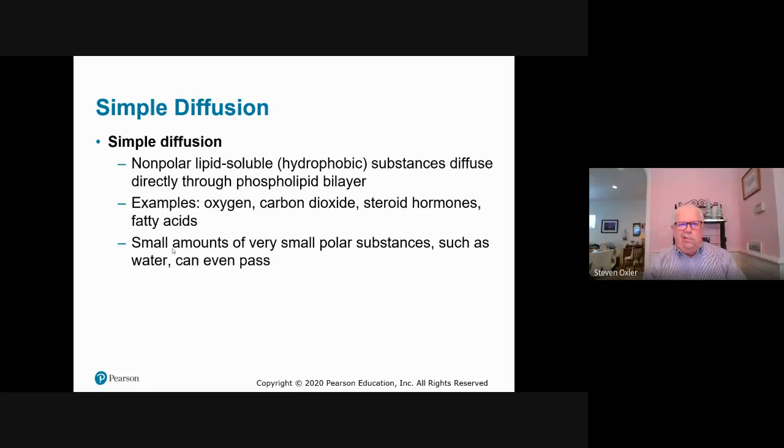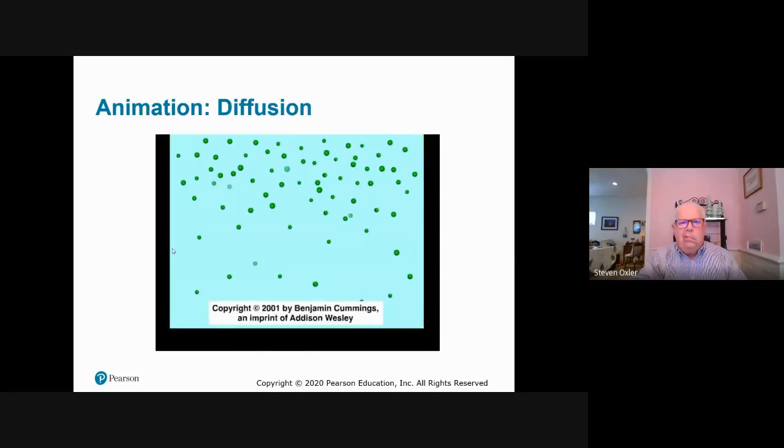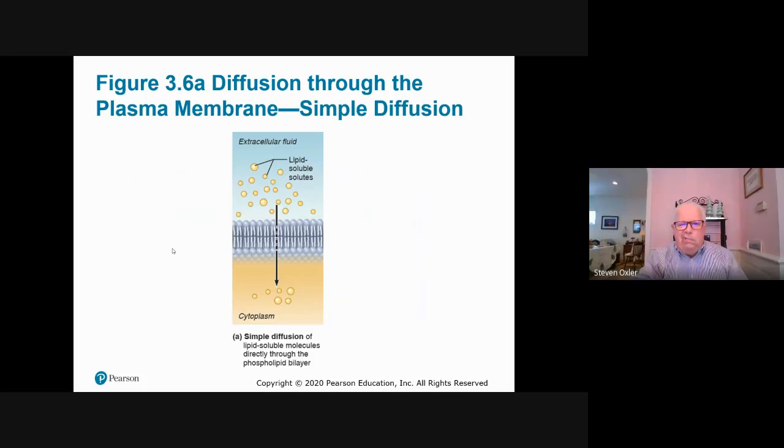Simple diffusion is gases, oxygen, carbon dioxide, also steroid hormones and fatty acids. But the main thing with simple diffusion is oxygen and carbon dioxide. That is very, very important to understand. Simple diffusion, no energy.